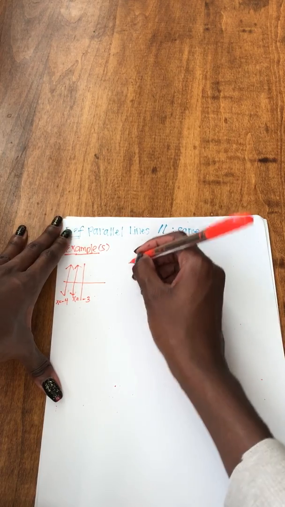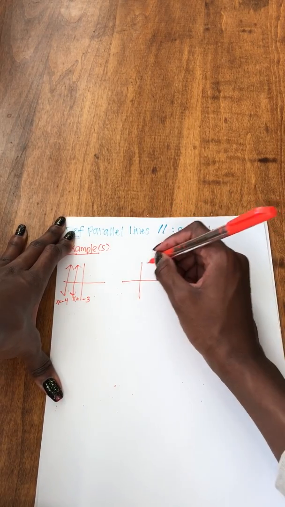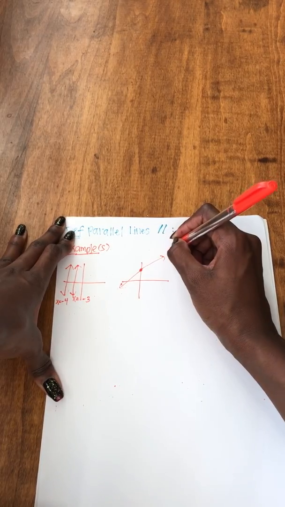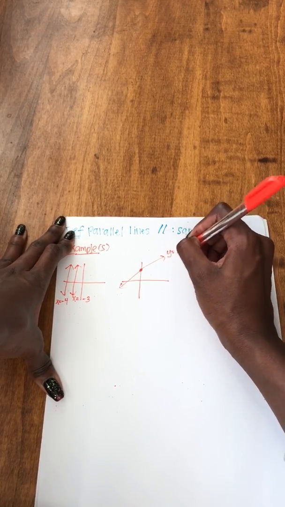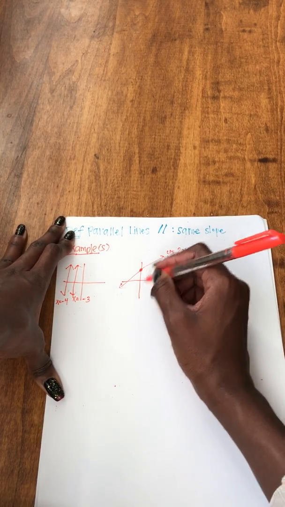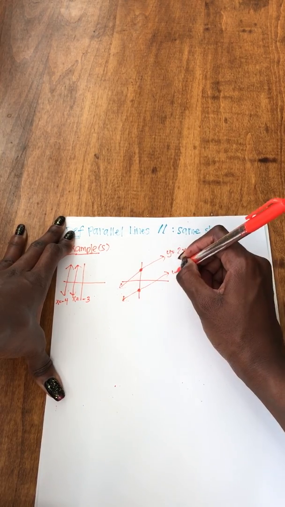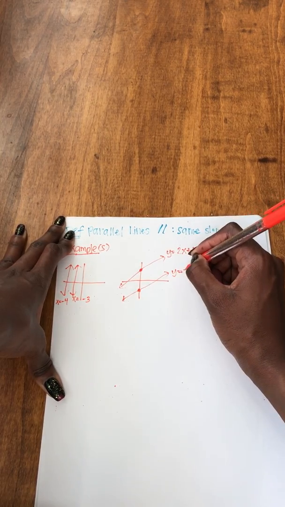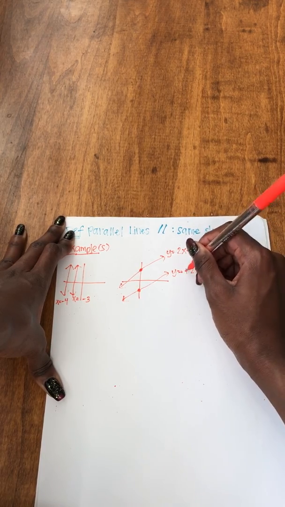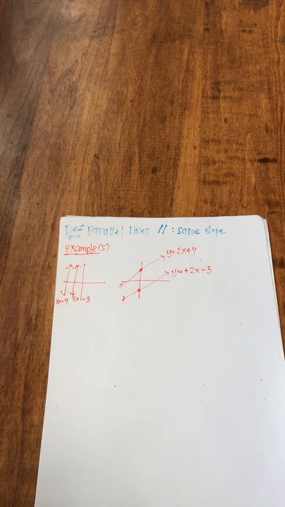You can also have something like this. So this could be y is equal to 2x plus, I don't know, 4, whatever. It can be whatever it wants to be. And this could be the equation y equals 2x minus 3.